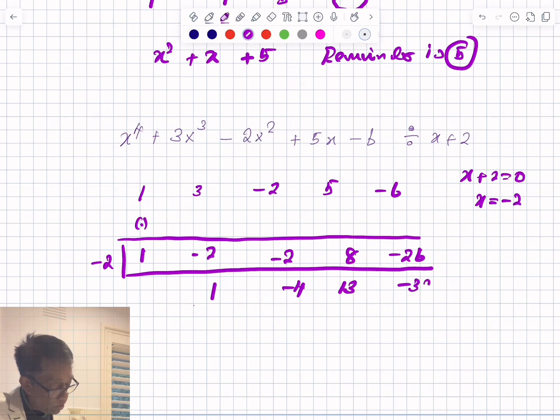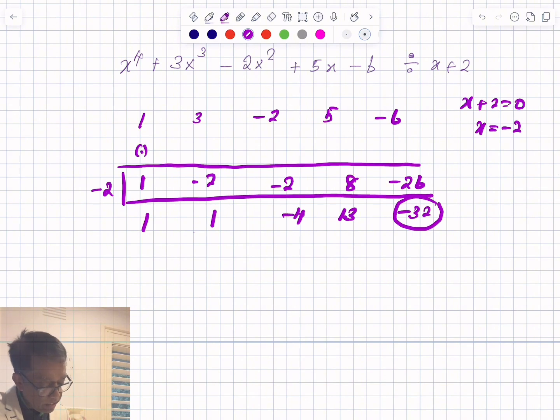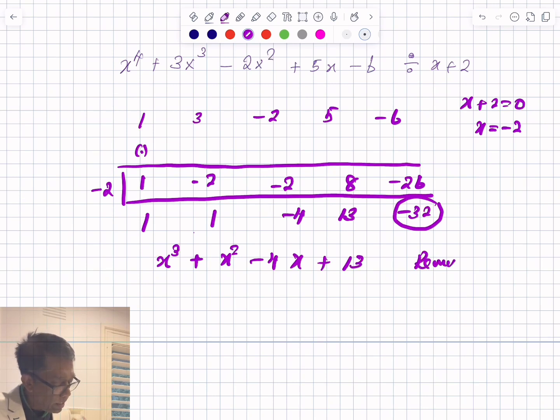It is negative 32. This is the remainder. Then the quotient is x³ + x² - 4x + 13. The remainder is negative 32.